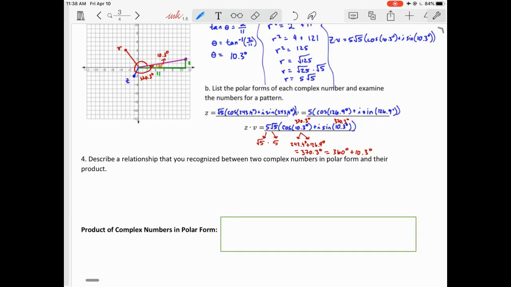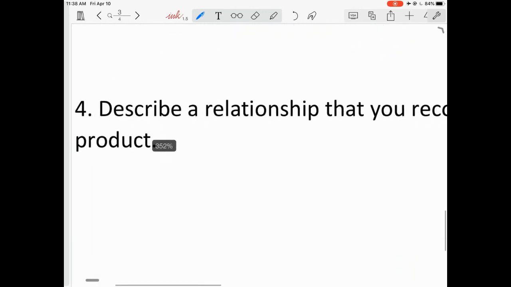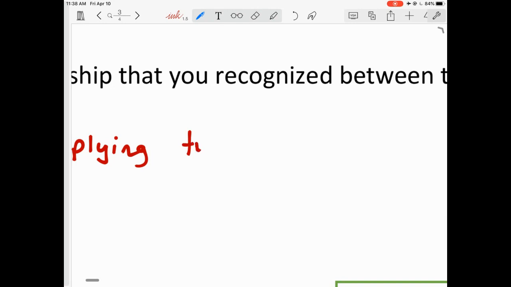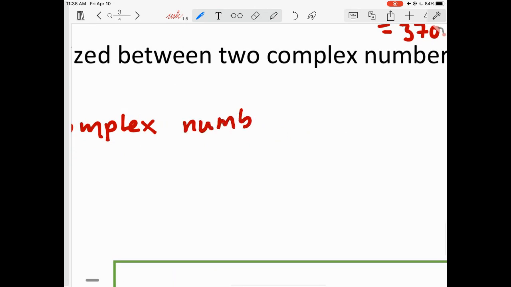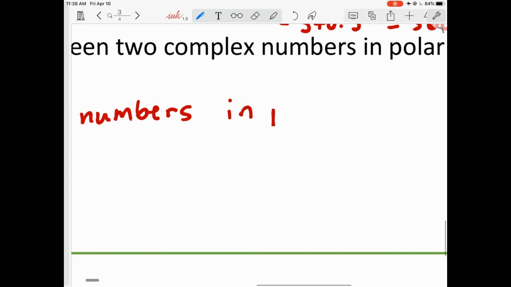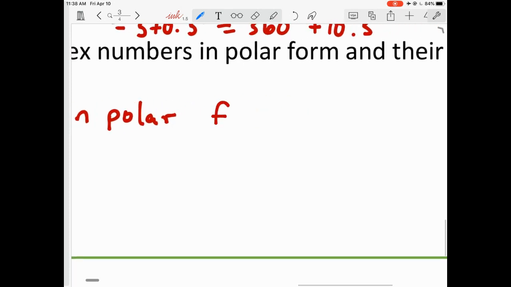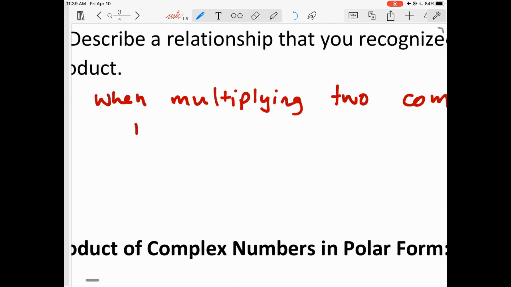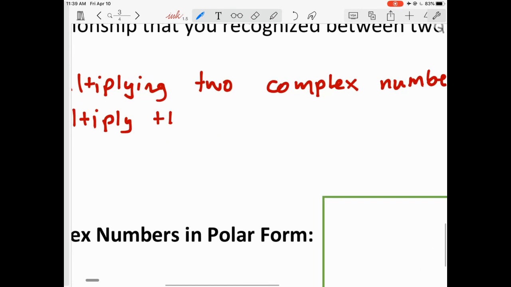So try to write this in words on your own for number 4, the relationship that we recognize between two complex numbers in polar form and their product. I'm going to spell it out. When multiplying two complex numbers in polar form, first what we'll do is we'll multiply the radial distances.